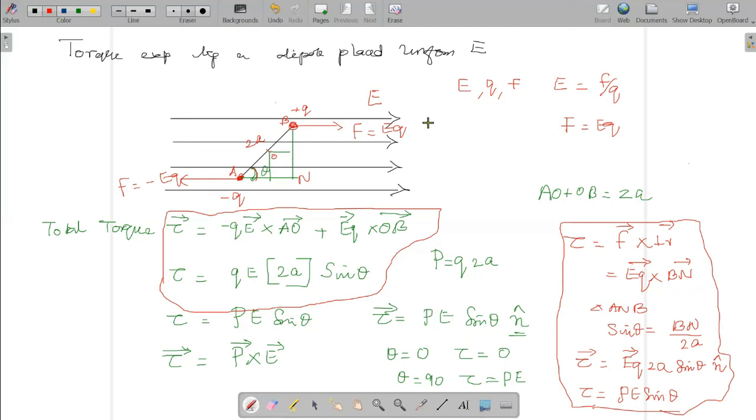It is perpendicular to the electric field and also perpendicular to the dipole moment. Right? It is perpendicular to both. So if the electric field is along the x axis and the dipole moment along the y axis, the torque will act along the z axis. That's all. Thank you for listening.